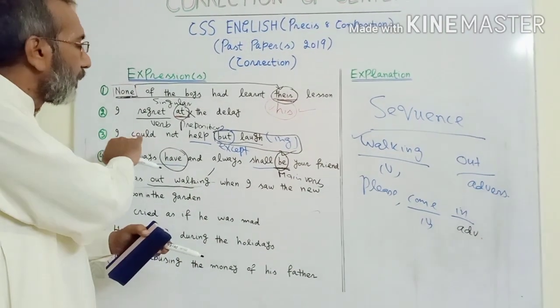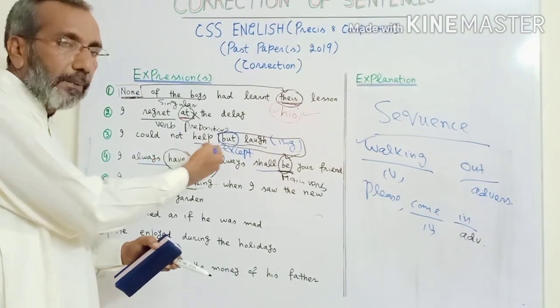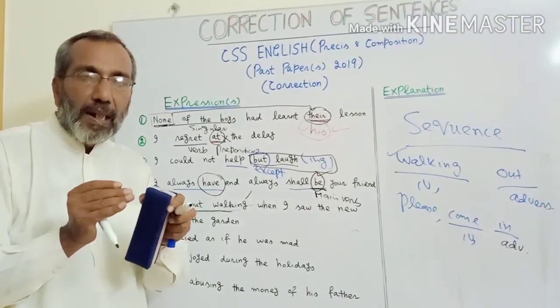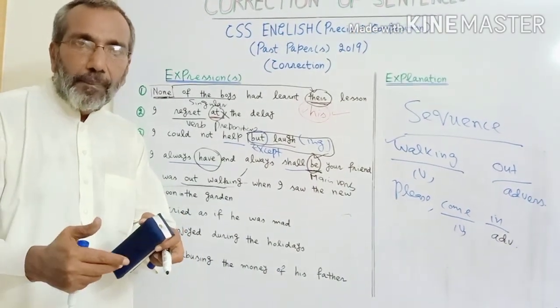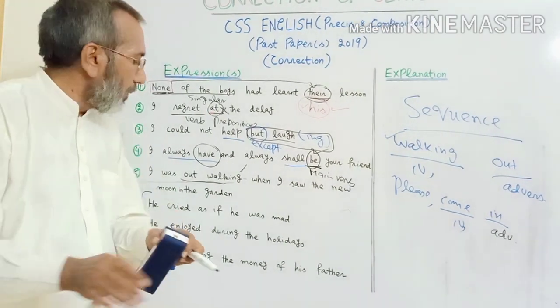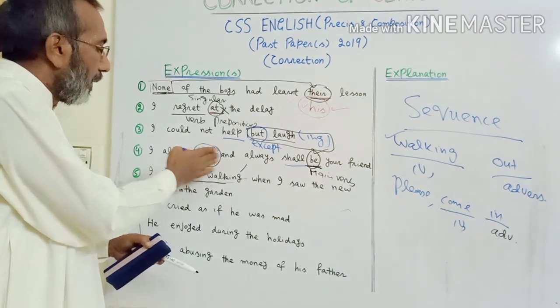I could not help but laugh. In this expression, the word help is being used in a different way. Sometimes help is followed by the ing form, and that gives the impression of avoiding something. I could not help, right? Meeting, laughing, running, going, whatever. And in this case, this expression was a bit tricky, right?